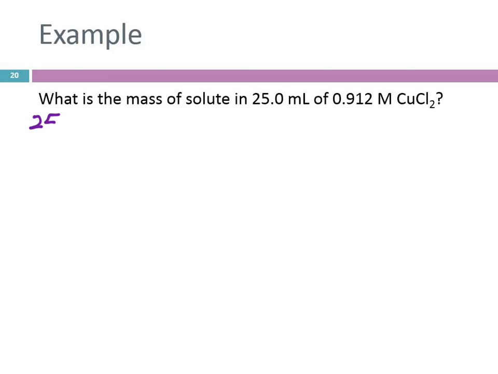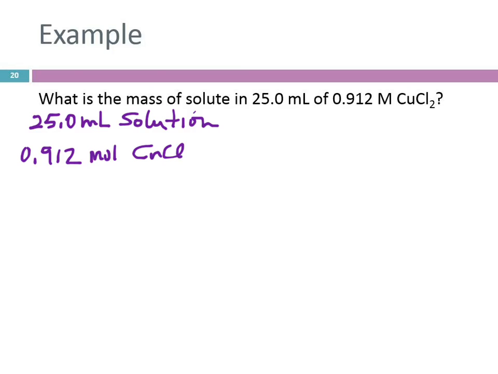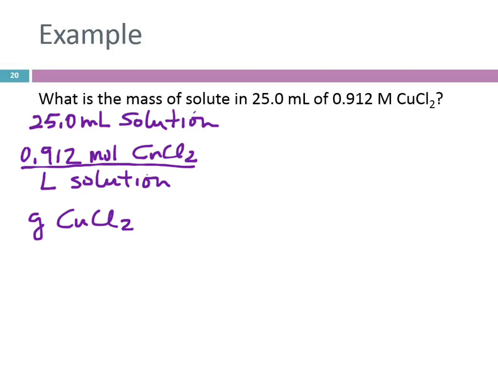We have 25.0 milliliters of solution. And we have 0.912. Capital M means what? Moles per liter. So that's moles of solute, which is CuCl2, per liter of solution. And we want grams of CuCl2. That's what we want to find.